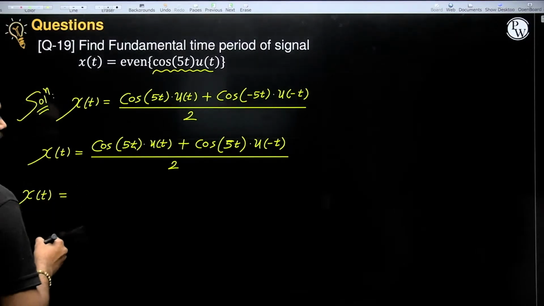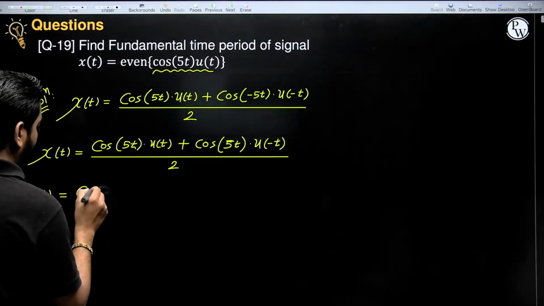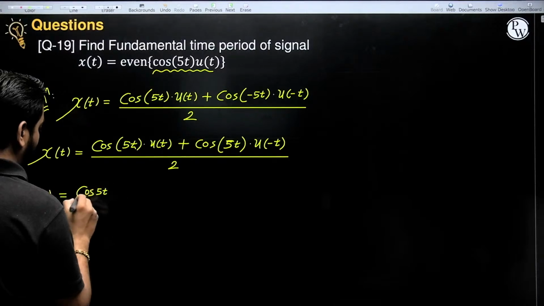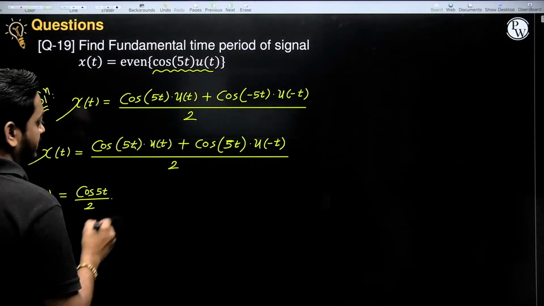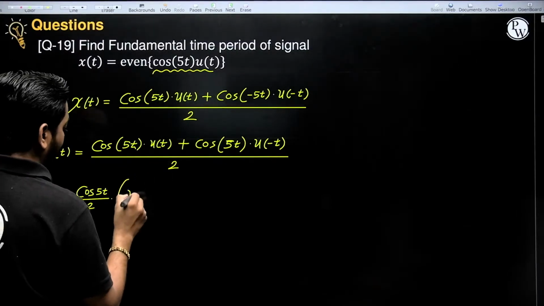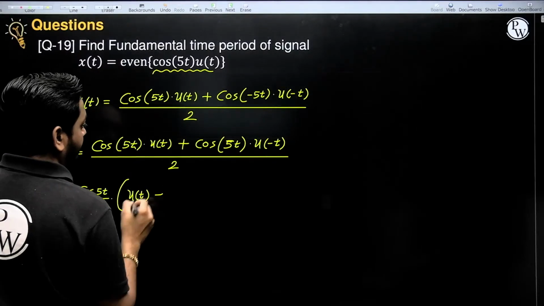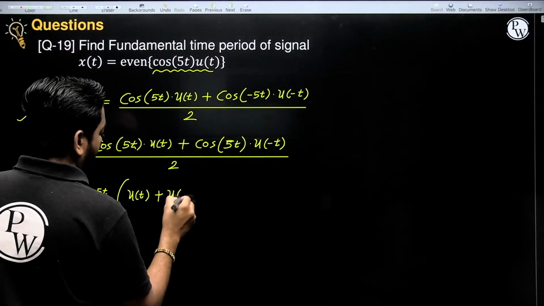Taking cos 5t divided by 2 common, it is u of t plus u of minus t.